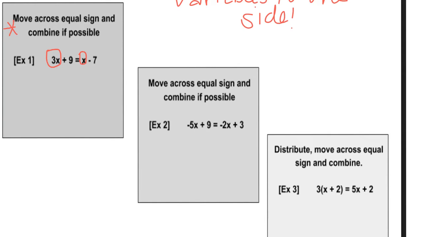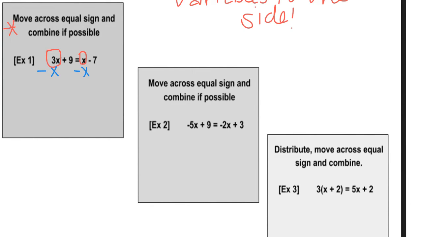So because x is smaller than 3x, we are going to move x to the left-hand side. Here is a positive x. So if we saw a positive sign, we needed to subtract it. So we are subtracting x from both sides.